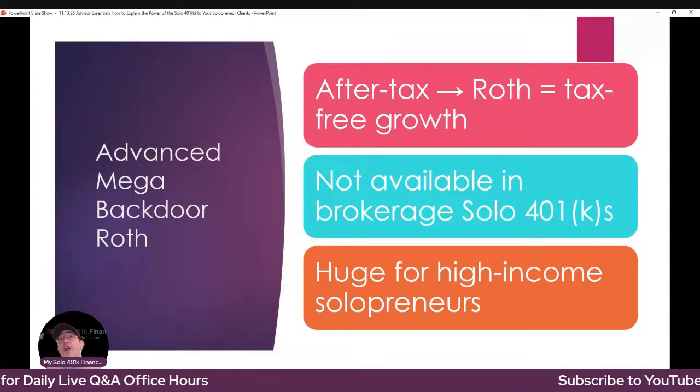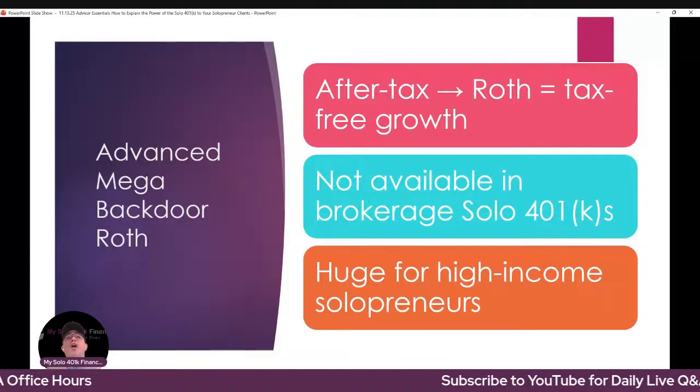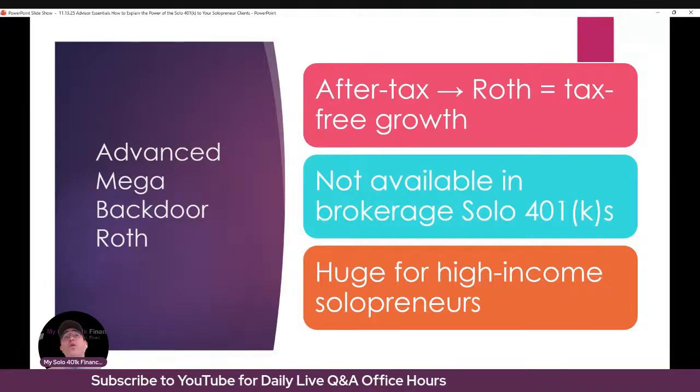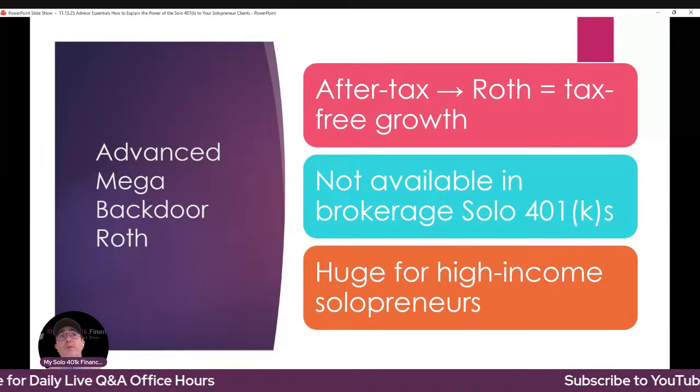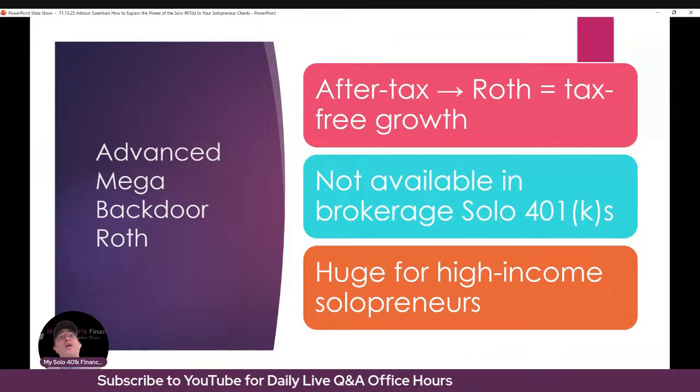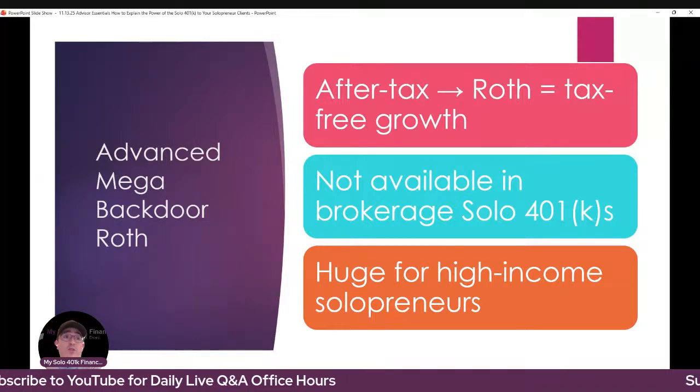Moreover, the transfer from the after-tax to the Roth, that's reportable on a Form 1099-R. We have a form on our website that clients use or advisors submit on their behalf to provide us the information we need to prepare the 1099-R. As long as it's submitted in a timely fashion, we'll handle the 1099-R preparation and electronic filing as an optional free service for our customers.